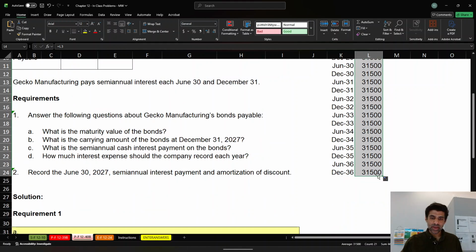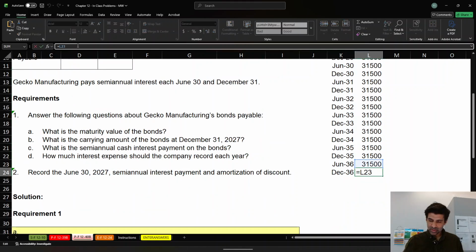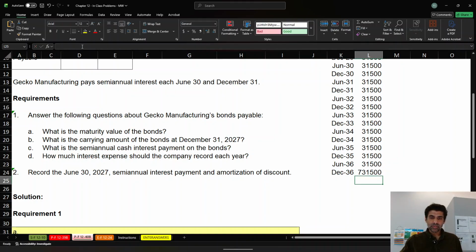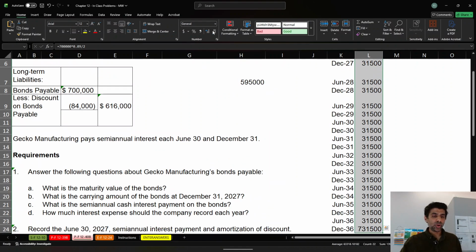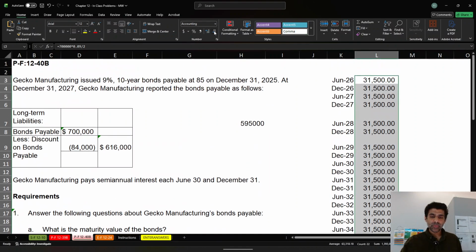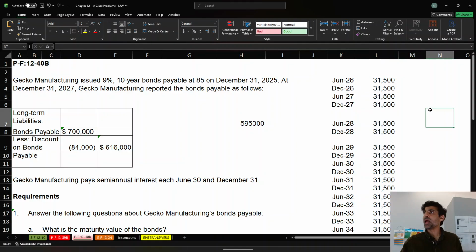This is how much cash is going to be paid. And then this last one, we're also going to pay off the face value. So ahead of time, I can plot out the entire payment schedule for this bond, based on the coupon, the face value, the maturity date and the payment frequency.